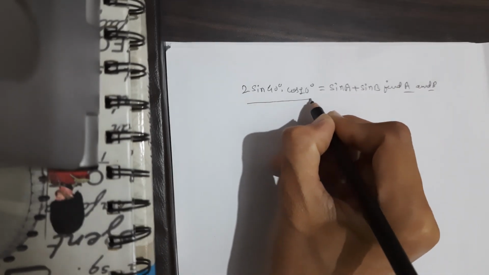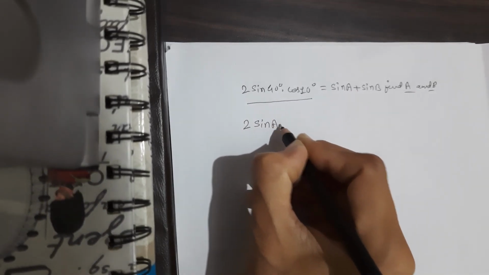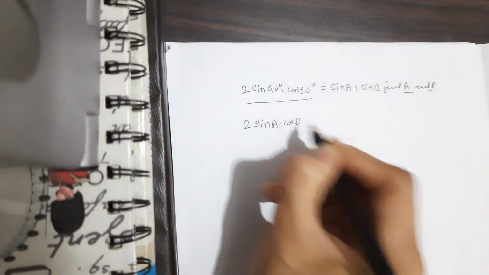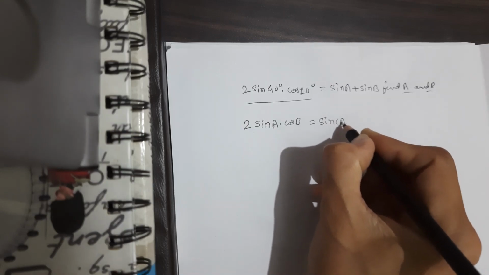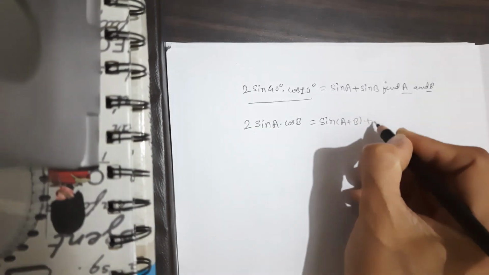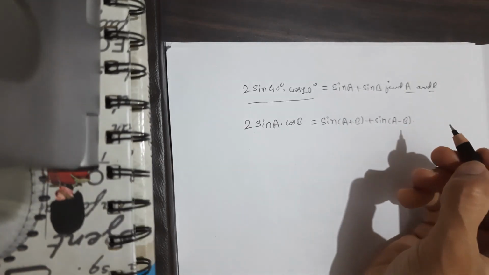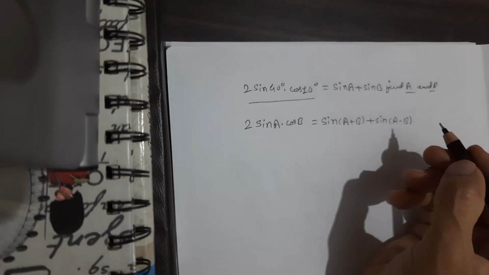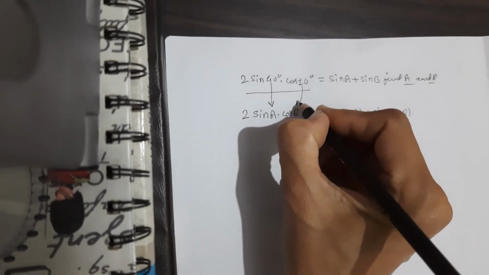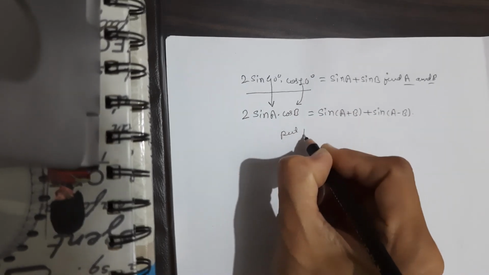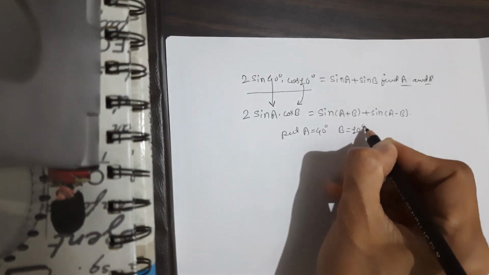Here again I will search for the formula 2 sine A into cos B, which is nothing but sine A plus B plus sine A minus B. Here my A is 40 and B is 10, so I am substituting A equal to 40 degree and B equal to 10 degree.